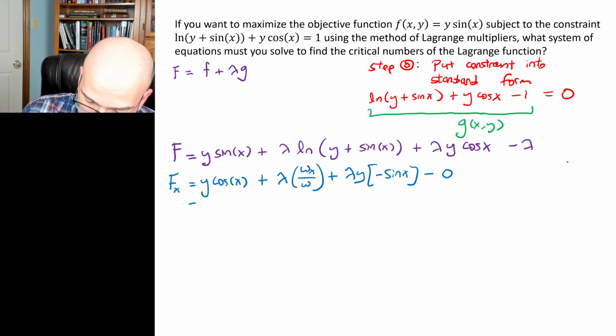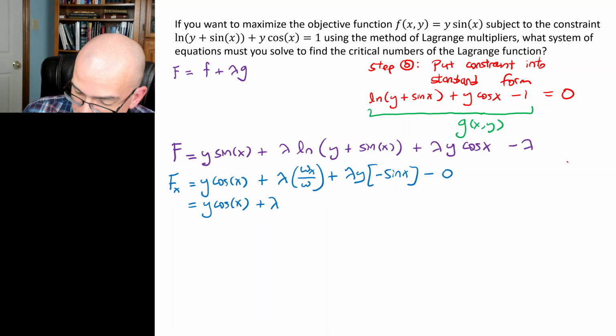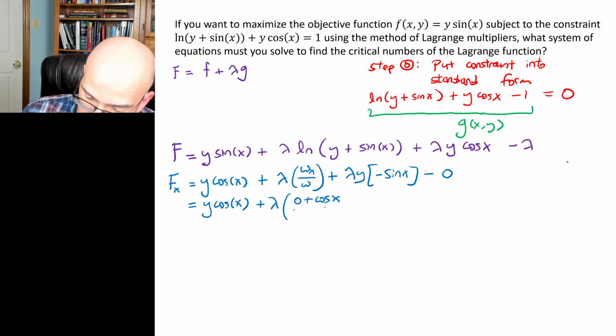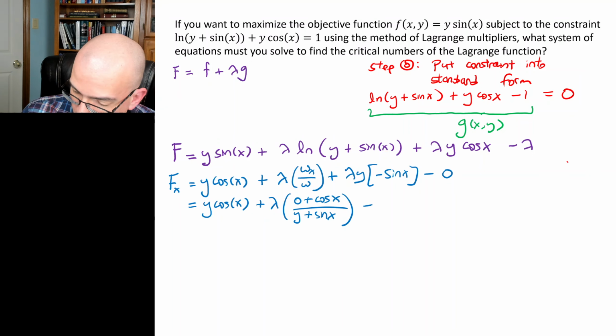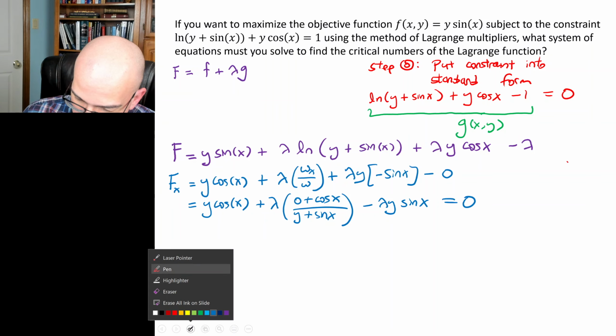So I'll clean that up. We have y cosine of x plus lambda times the x derivative of y plus sine of x, which is 0 plus cosine of x, over y plus sine of x, minus lambda y sine of x. We'll set that equal to 0. So that's our first equation.